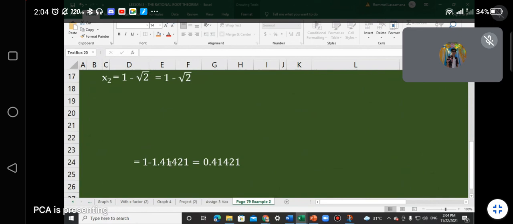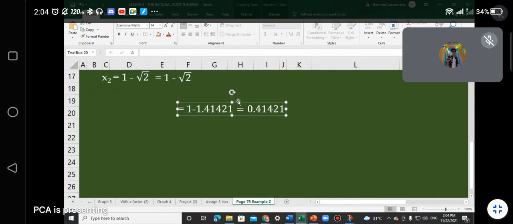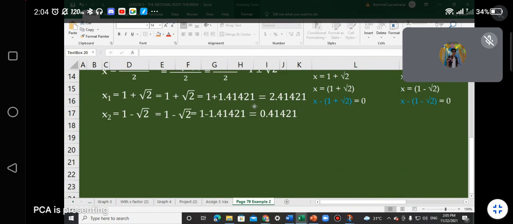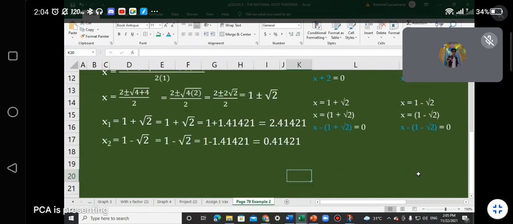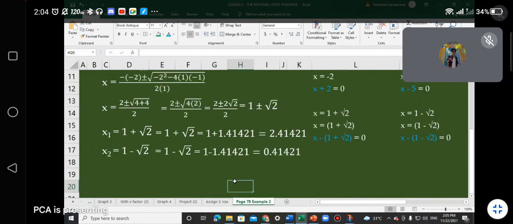It is irrational. When you say irrational, it can never be expressed as a fraction. It's not a repeating decimal. So it's 2.41 and 0.421.